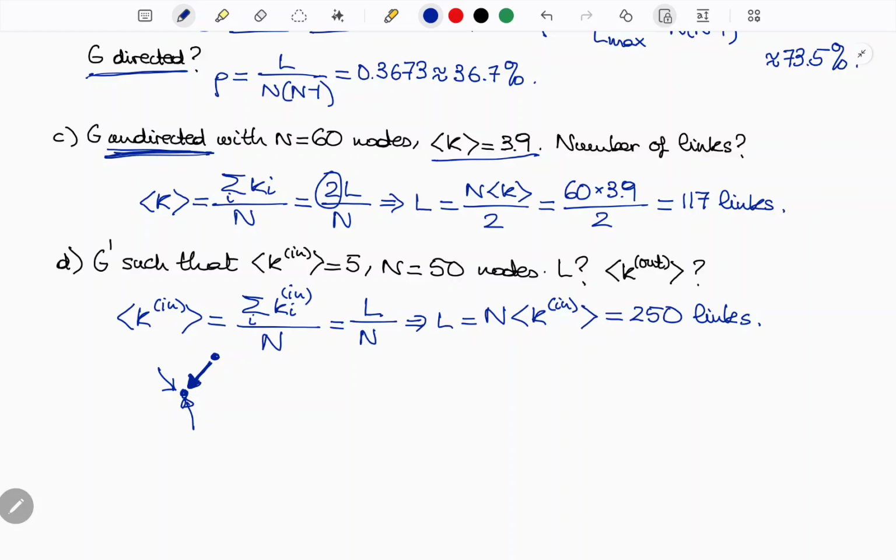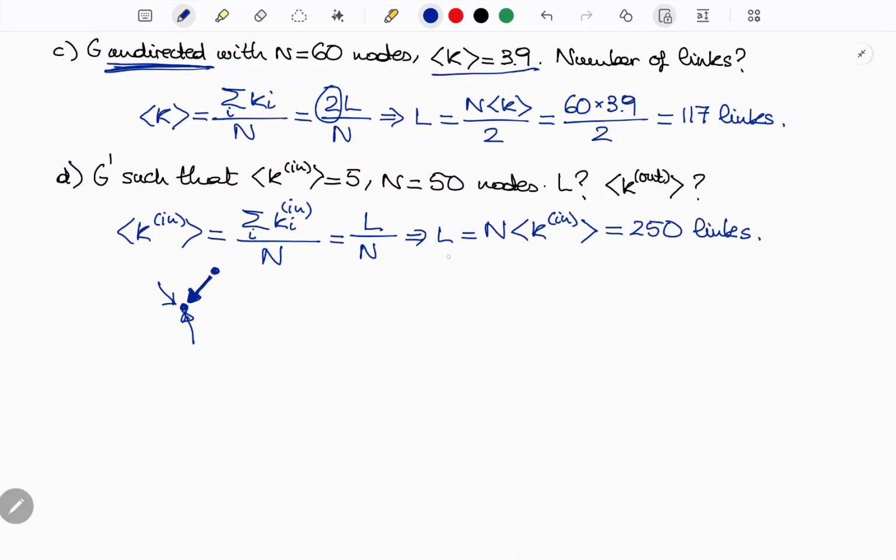And since I have the number of links, which is this addition, these links can also be interpreted as the out degree of nodes. So the average out degree is also the addition of all the out degrees of the nodes divided by the number of nodes.